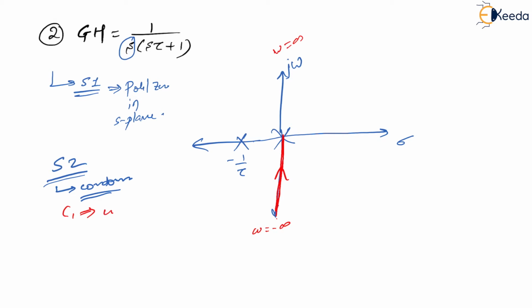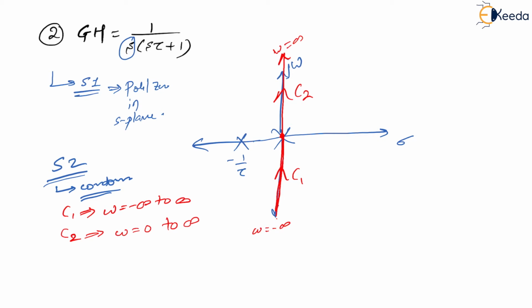So what is contour C1? C1 is omega going from minus infinity to infinity. Now the second contour is from omega equal to 0 to omega equal to infinity, so contour C2 is omega equal to 0 to infinity. This was my contour C1.